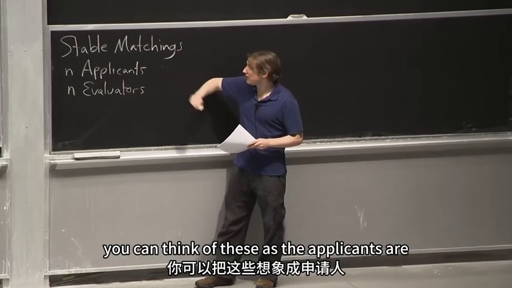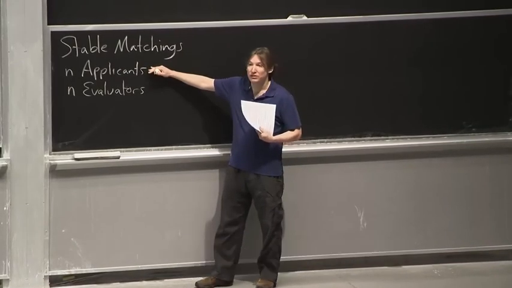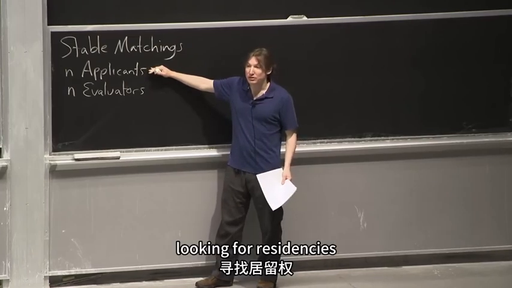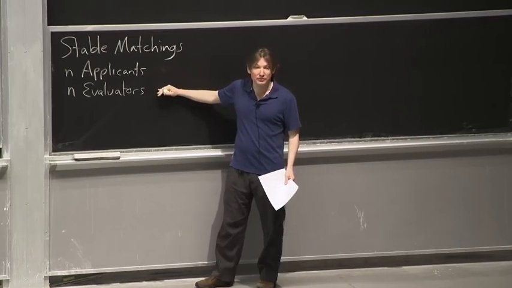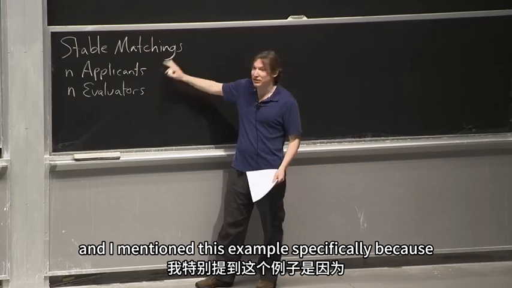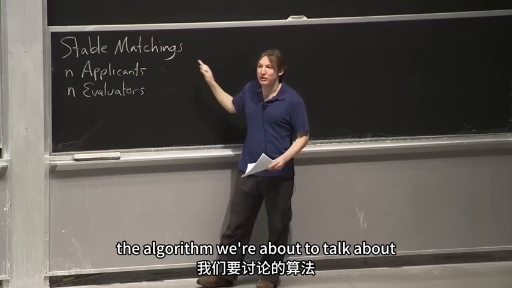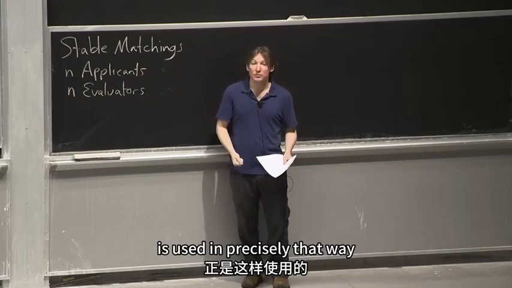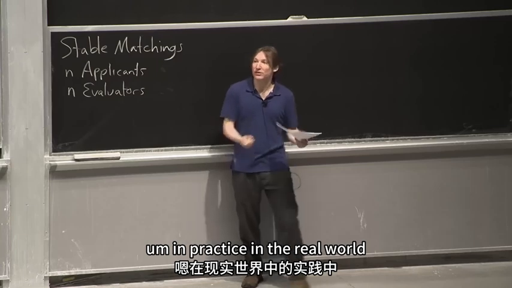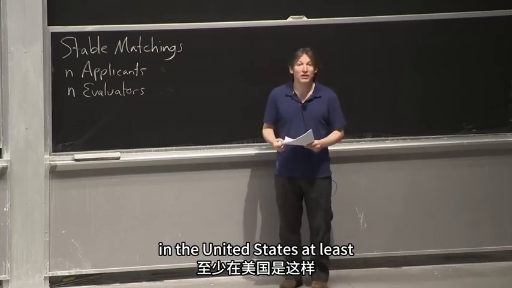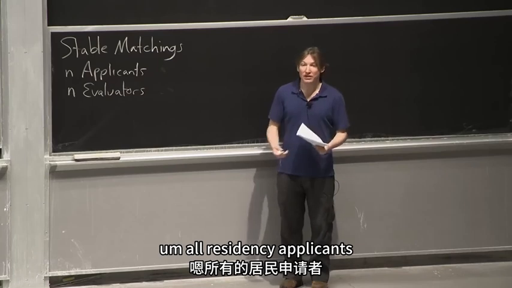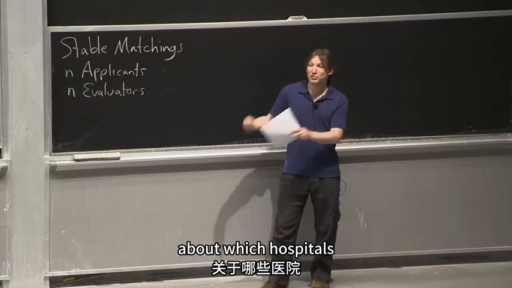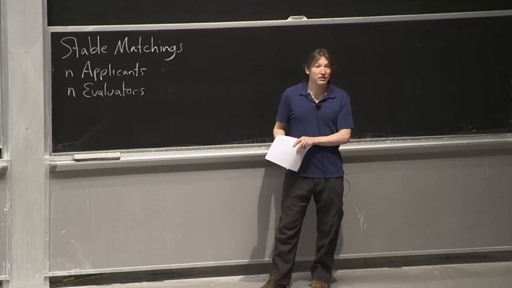You can think of the applicants as recently graduated medical school students looking for residencies. I mention this example specifically because the algorithm we're about to talk about is used in precisely that way. In practice, in the United States at least, all residency applicants submit their list of preferences about which hospitals they want to do their residencies at.